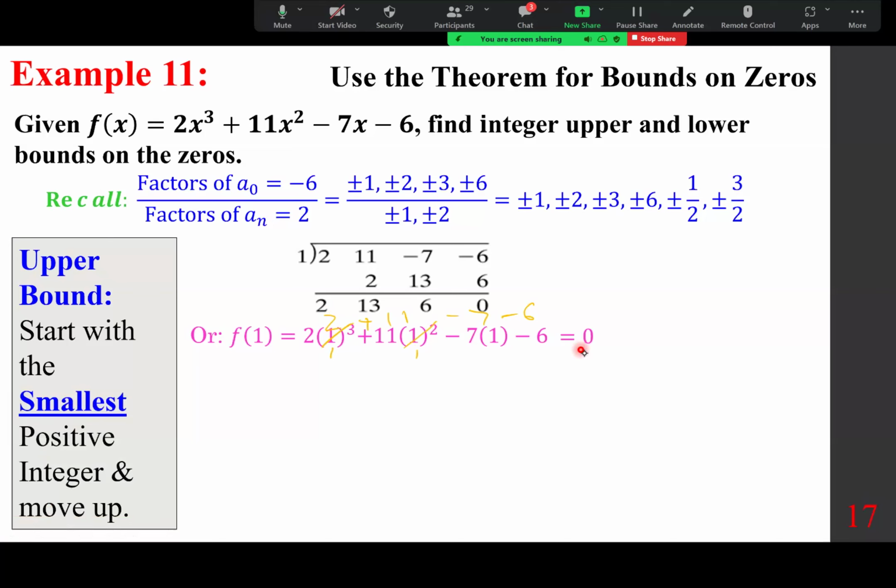The first shot, we got actually a 0 of that. Not only that, positive, positive, positive, and remember 0, as long as it's non-negative, okay? That means 1 was the upper bound anyways. So what is the beauty of that? You don't have to worry about 2 or 3 or 6, okay? That's the idea.